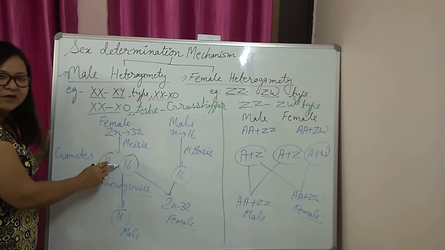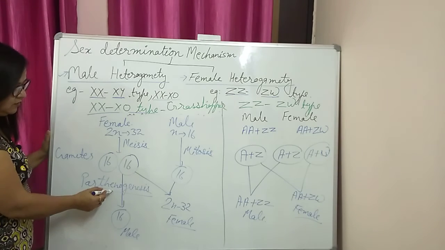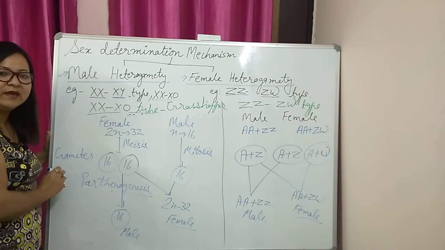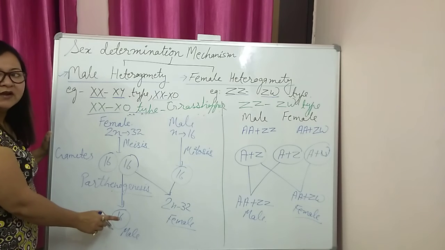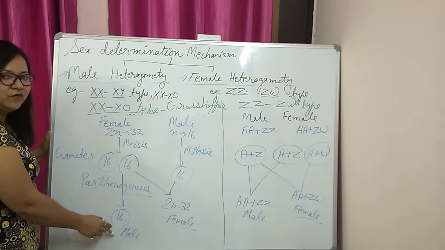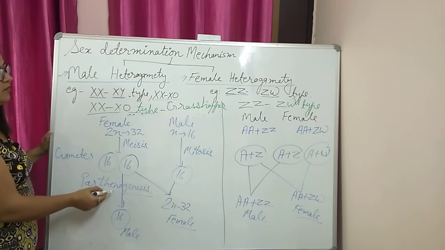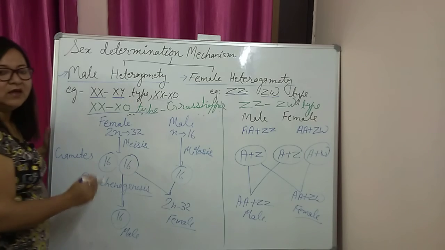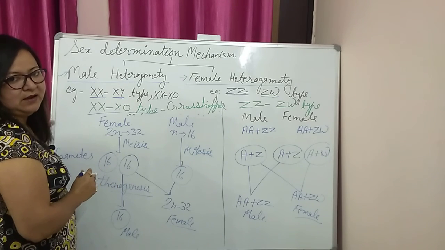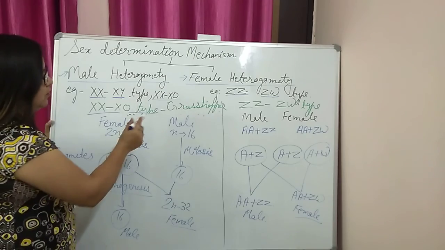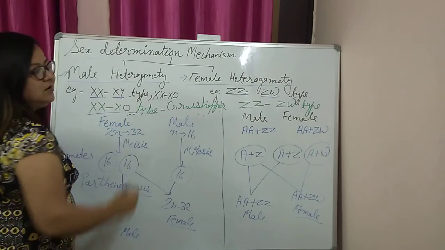When the female gamete converts into a male by parthenogenesis, the set of chromosomes is haploid and so the male is formed. Such a sex determination mechanism is called haplodiploid sex inheritance. This is all about the sex determination mechanism.